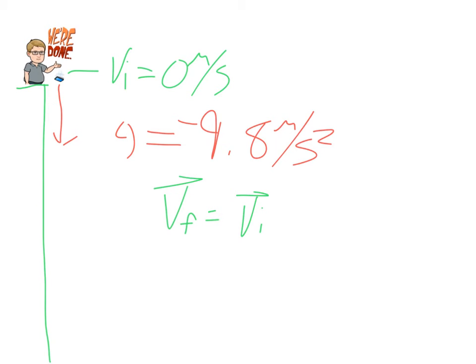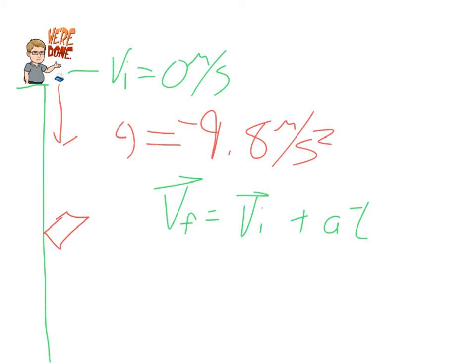Remember, these are all vectors. And then I'm going to add to that my acceleration times time. And all I really need, since I know little g, is the amount of time, because I know VI. Remember, it was 0. Acceleration, I know that, negative 9.8 meters per second squared. So let's just say 3 seconds.